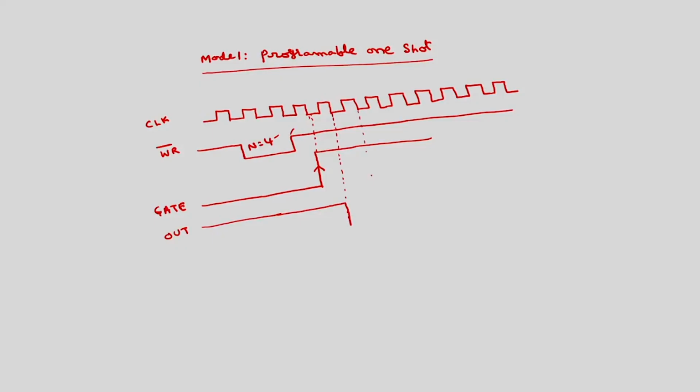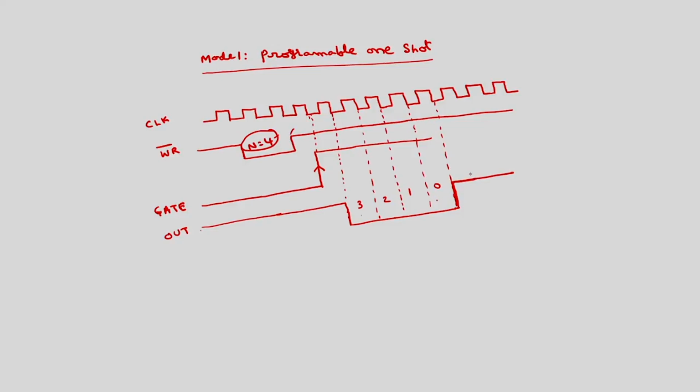So, this is one count, so 4 becomes 3, after another clock signal 3 becomes 2, after another clock signal 2 becomes 1, after another clock signal 1 becomes 0. Once 0 is reached, it will go again to high and wait until a new value of n is loaded. So, out will be initially high, then it will go low for this many clock signals 1, 2, 3, 4, then after that go to high again.